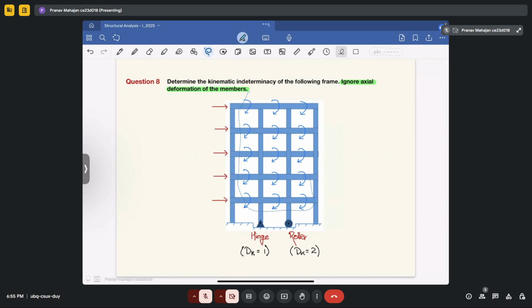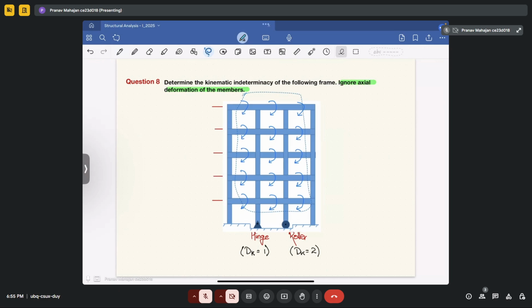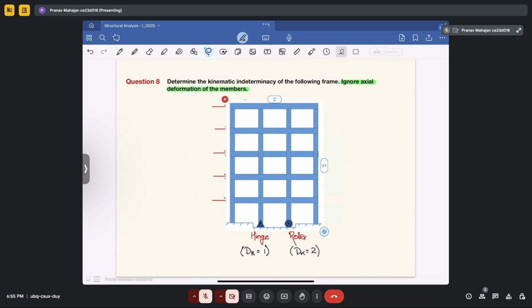Let me try to move them. I think if it is possible I will move that. No, this is not possible, so let me remove them. I will again add them. Yeah, so these all moments will come at each joint, not at the center.